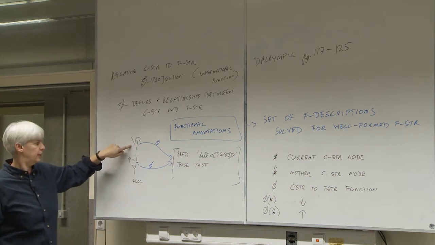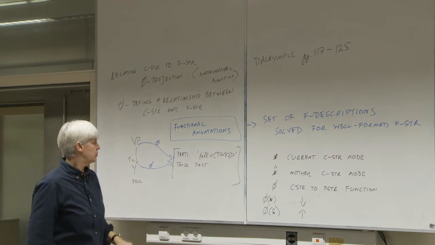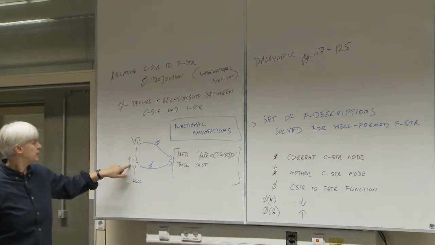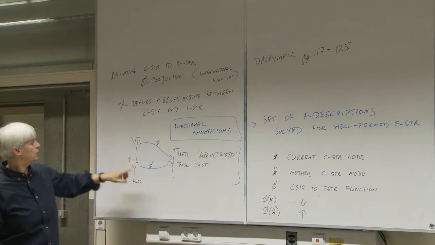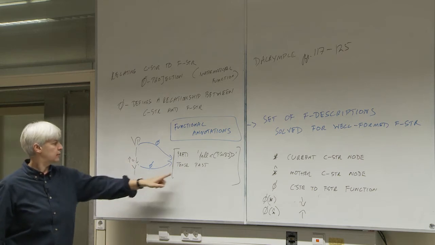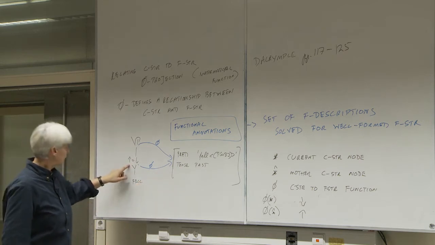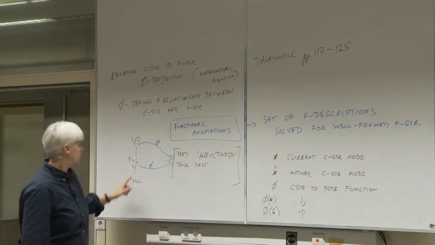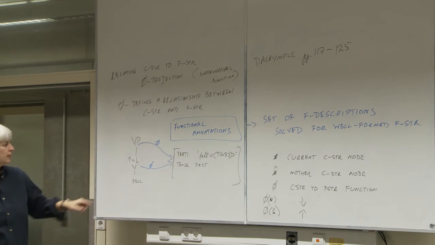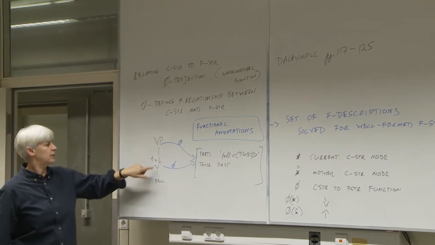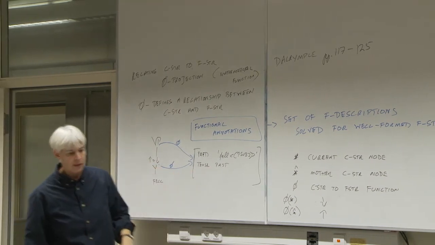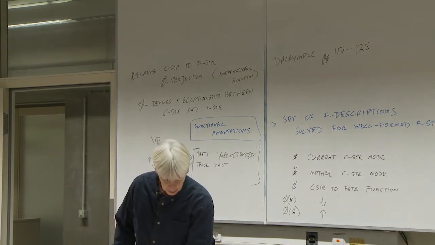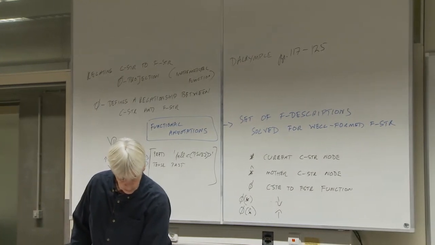These functional annotations are the glue telling you how to relate this to that, giving you F structure information. The phi function tells you how to relate the information associated with these nodes to the F structure. Before that gets any more complicated, I'm going to take you through an example.